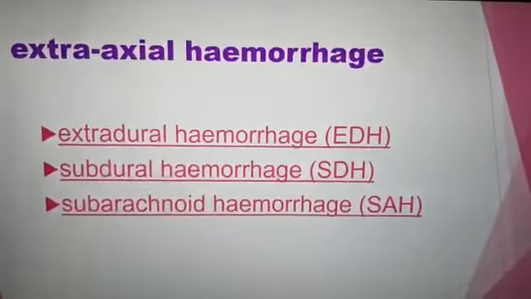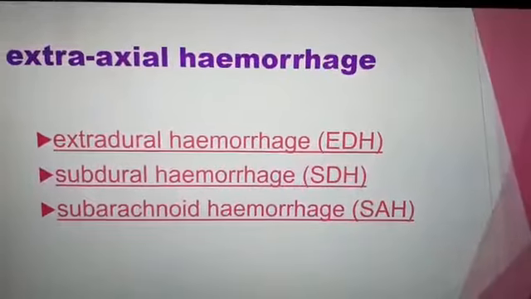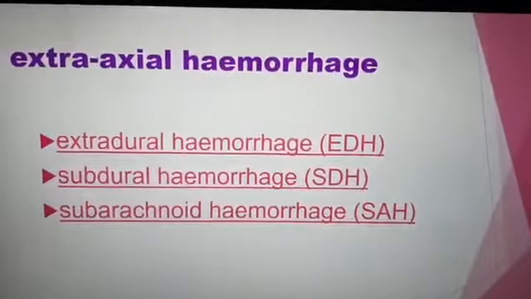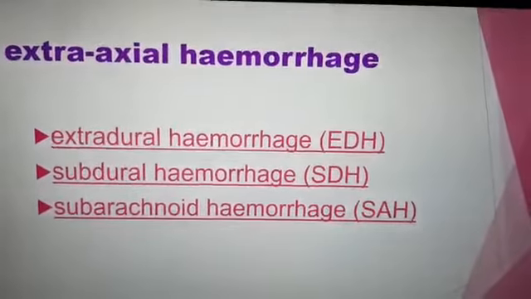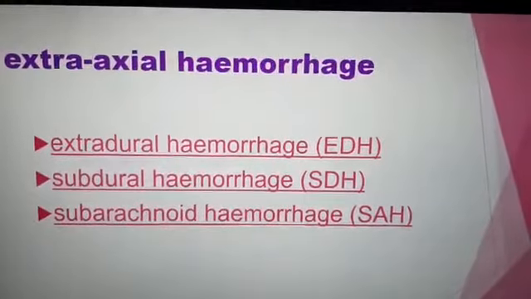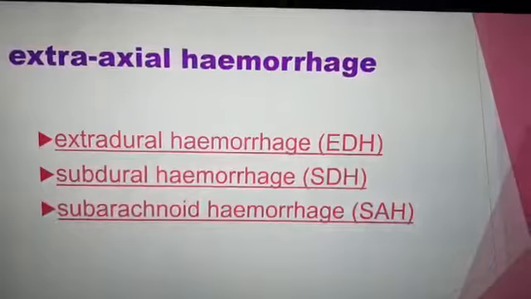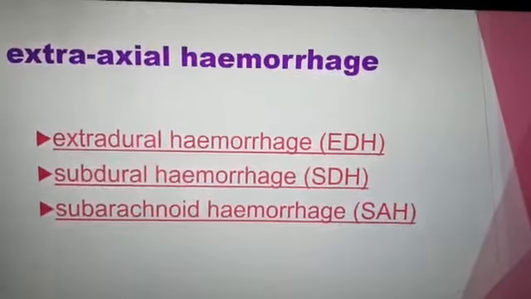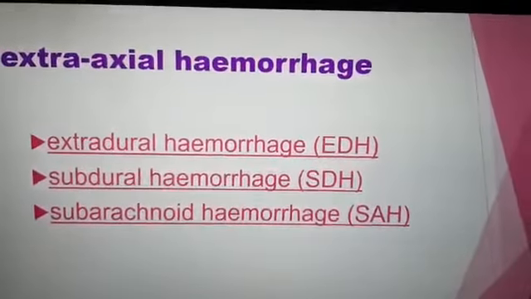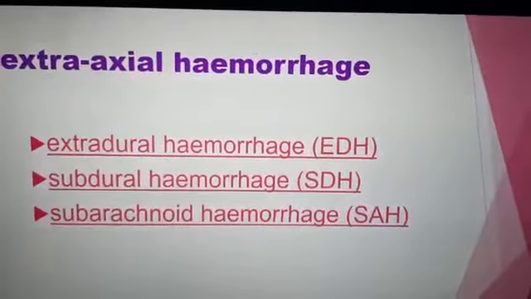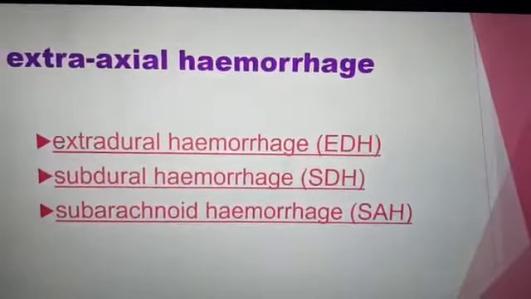Third, subarachnoid hemorrhage, meaning the hemorrhage occurring under the arachnoid, in the arachnoid space. So we have three types of hemorrhage: extradural, meaning outside the dura; subdural, meaning in the dural space; subarachnoid, meaning it's in the arachnoid space.